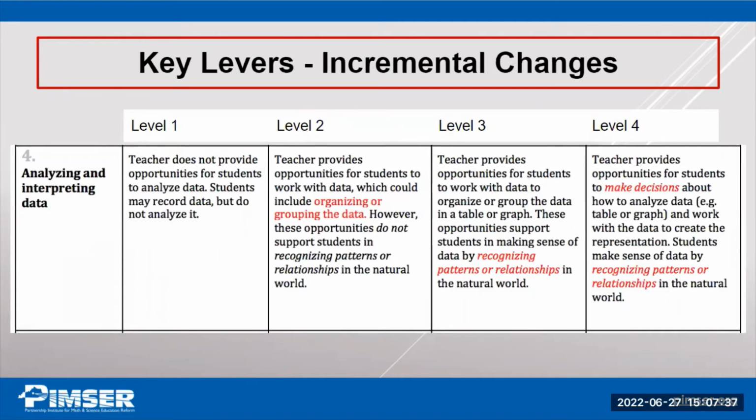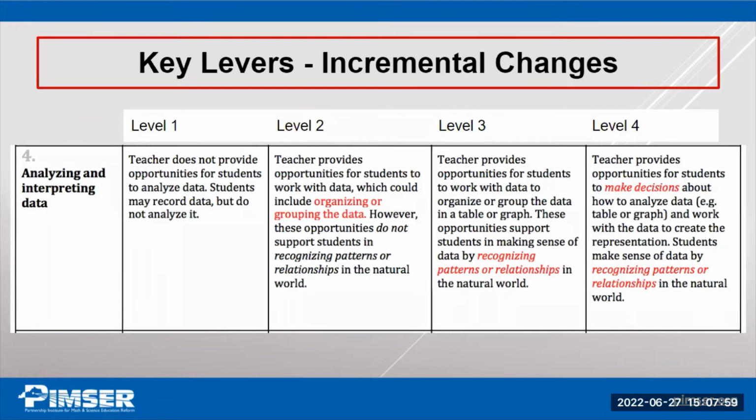Well, we see at level 1, students may record some data, but they're not analyzing the data to make meaning or find patterns. At level 2, the teacher is providing opportunities for students to work with data and either organize or group the data. However, they do not look for patterns or relationships within the data yet.